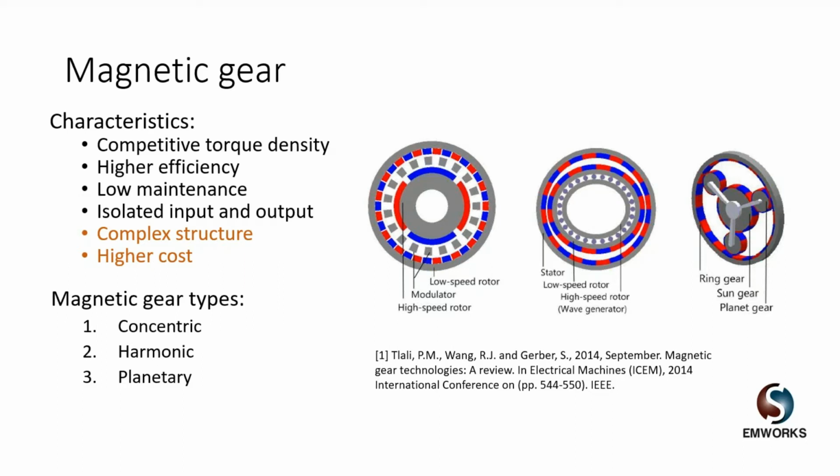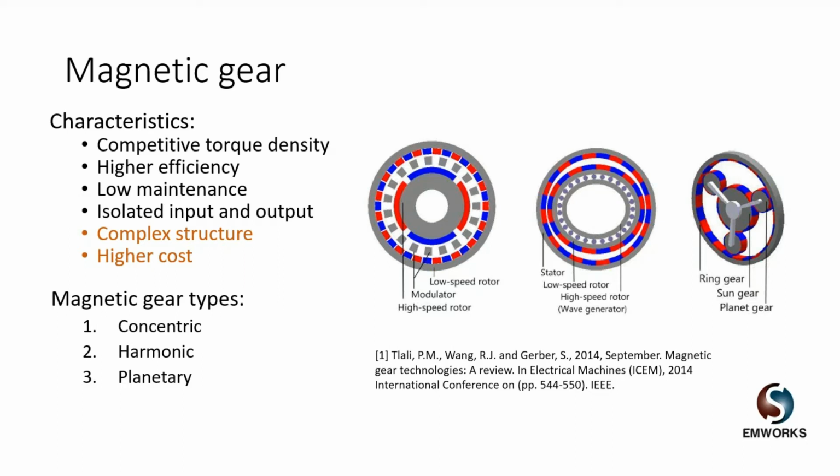Overall, if we're talking about torque density, then depending on the type of magnetic gear, mechanical gears are slightly more densely packed with torque. However, the difference is not that big. So they're more or less similar when it comes to that.